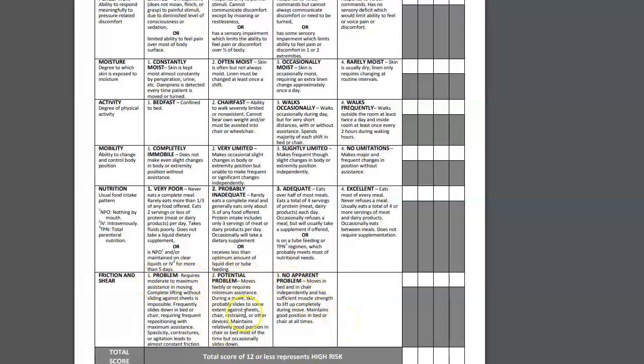And this is somebody who's a potential problem. And I'm sure we have a lot of these patients where they're sliding a lot in bed, and you're having to occasionally assist them, but they're not moving real well in bed.